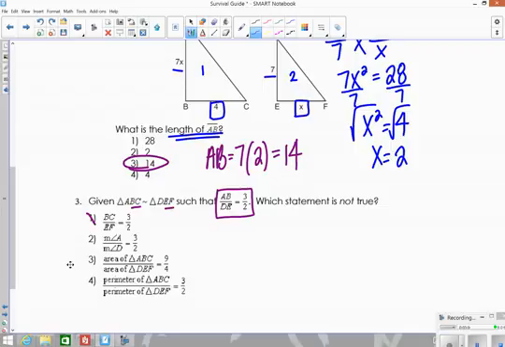So that's got to be true. Angles are never going to be in a ratio. They're always going to be congruent. So this is actually the statement that's not true, because angles are congruent in similar triangles. They're not in a ratio, they're congruent to each other.